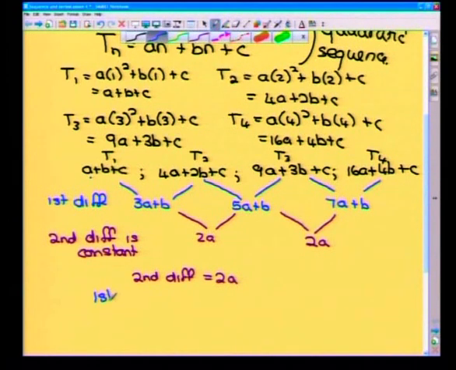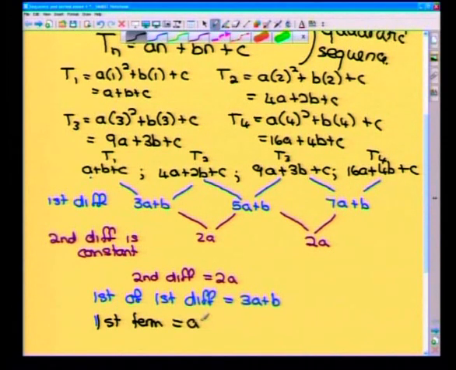The first of the first differences equals 3A plus B. And the first term is A plus B plus C. Now, knowing those few little formulas can make all the difference to you doing the first of the questions. So let's go across to the first of my questions.